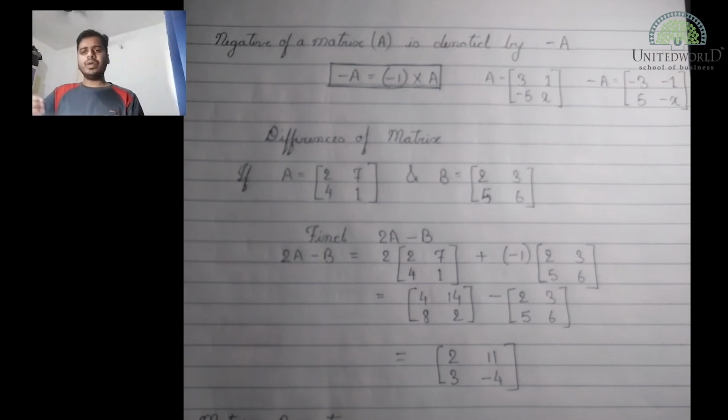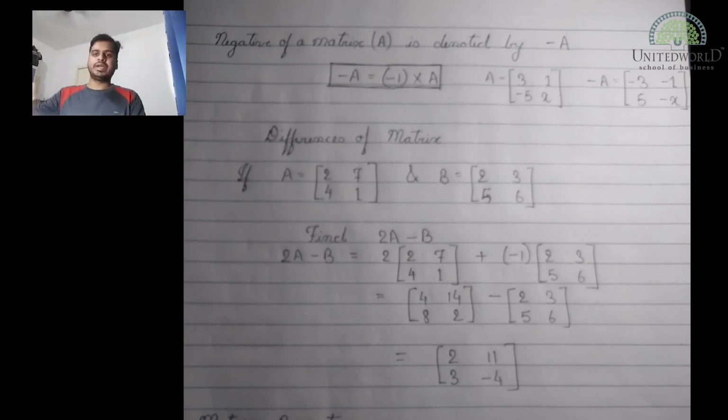Now, where do we use these things, like the negative of a matrix? To do different algebraic problems in matrices, equations in matrices. The next example I am taking is the difference of matrices. Suppose you are given two matrices A: 2, 7, 4, 1 and B: 2, 3, 5, 6.